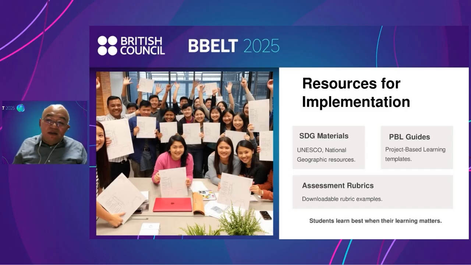Of course, the question may be, and then how do I get all these PBL guides? Are there templates? Well, yeah, there are templates everywhere. It's as simple as checking online or asking ChatGPT to get some ideas that can actually be helpful for you to guide your project.